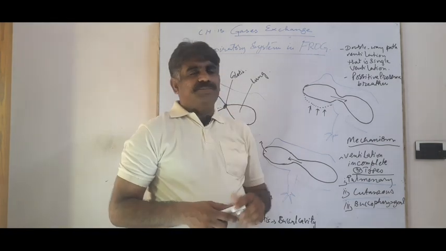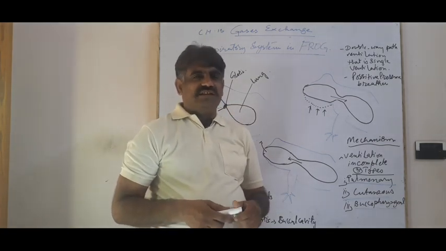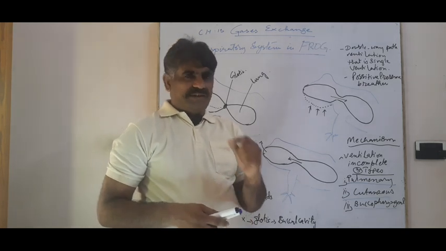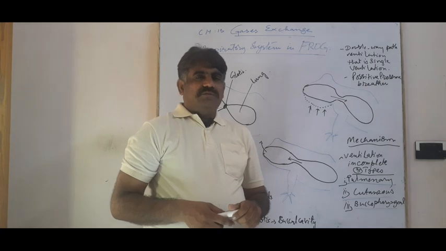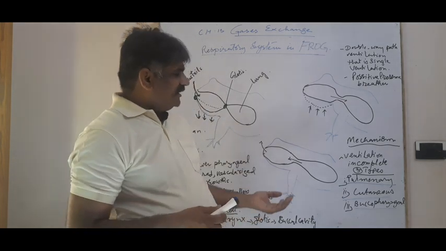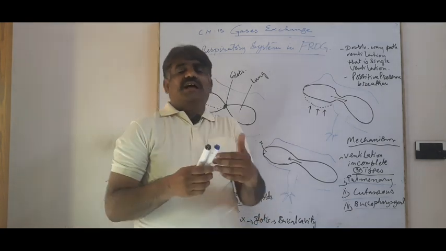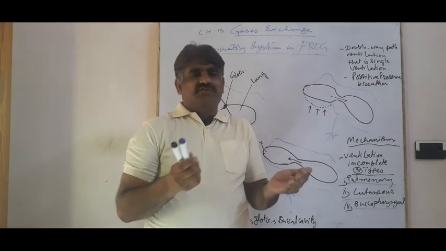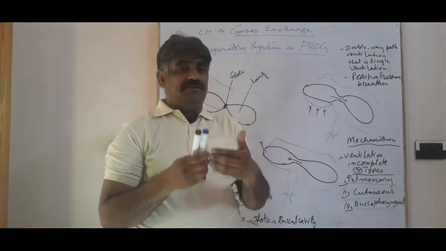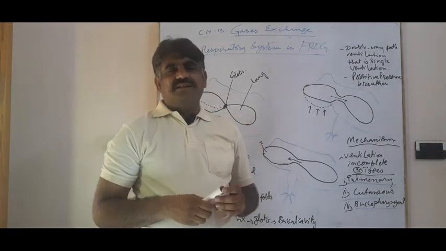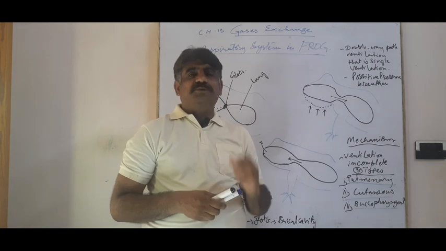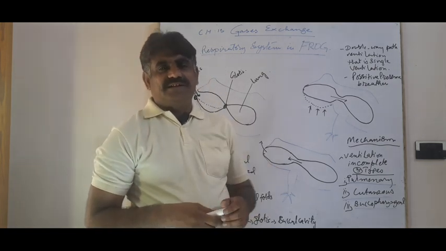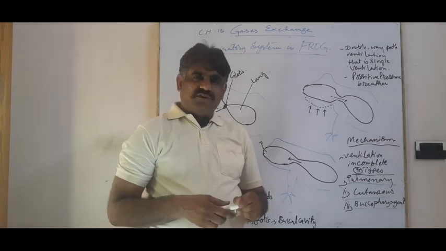Next, frog also uses its skin, I mean to say cutaneous respiration. It's a major type of respiration in frog. The frog's skin is thin and highly vascularized, richly supplied with blood capillaries, and the skin also possesses mucus glands which secrete mucus, and mucus traps water to keep the skin wet for easy diffusion of oxygen.